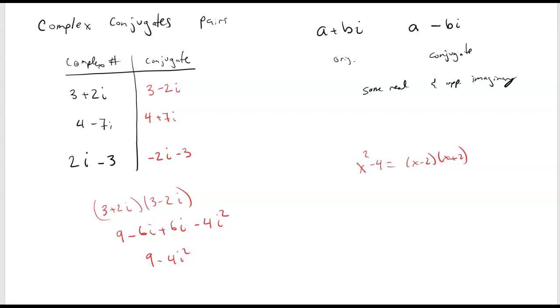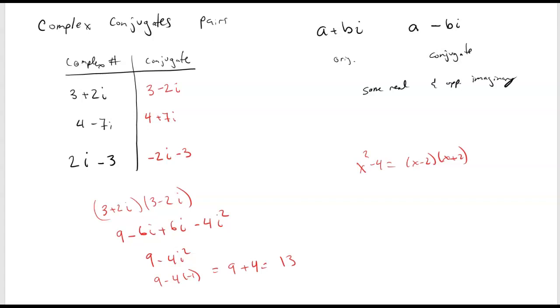But now notice that the i squared is really negative 1, which actually turns out to be 9 plus 4, which gives you 13. So the great thing about complex conjugates is that when you multiply them together, the imaginary component disappears, and you'll be able to just get a number.